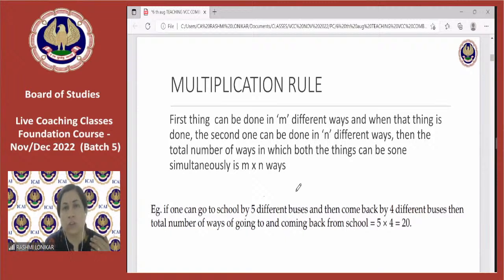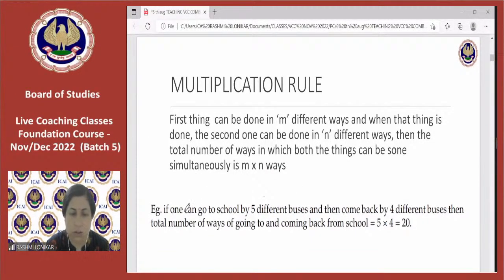So that is the multiplication rule. What does the addition rule say? When one thing is done in m ways and an alternate thing can be done in n ways, then the total number of ways in which either of the jobs can be done is m plus n ways.